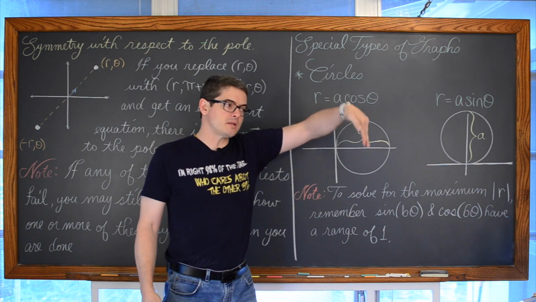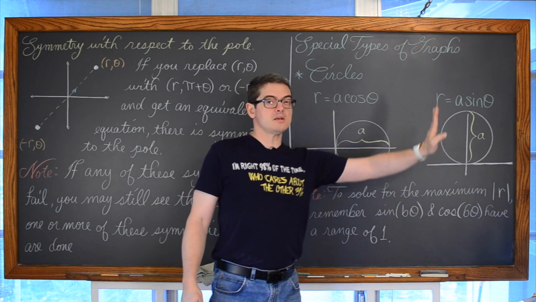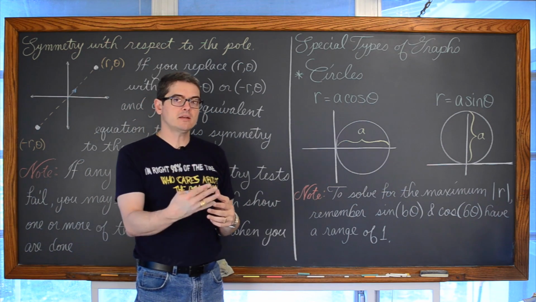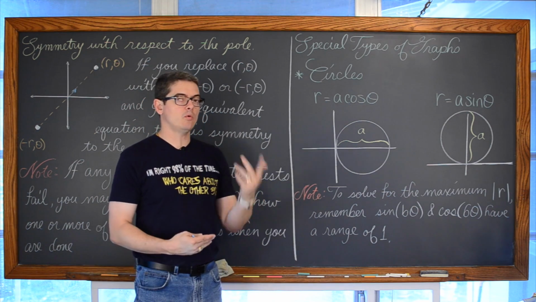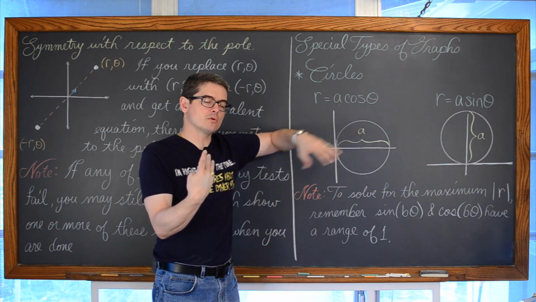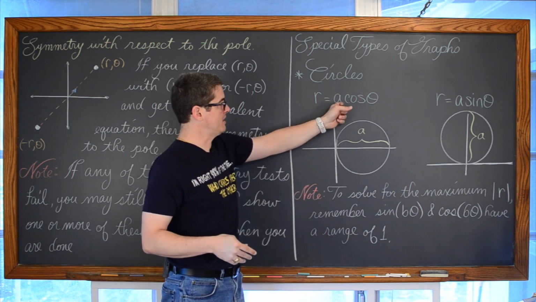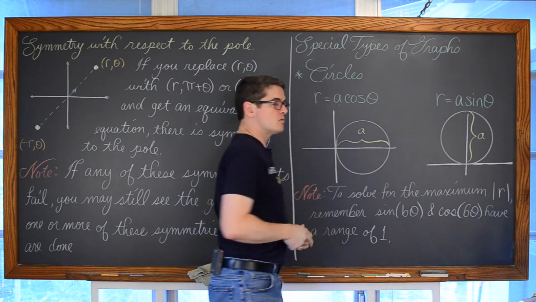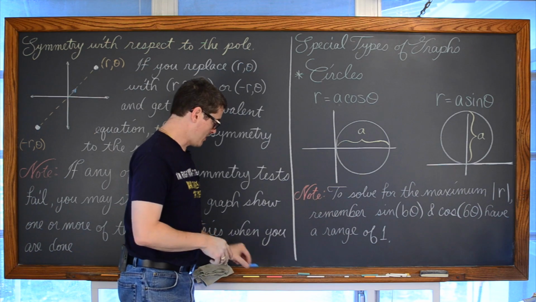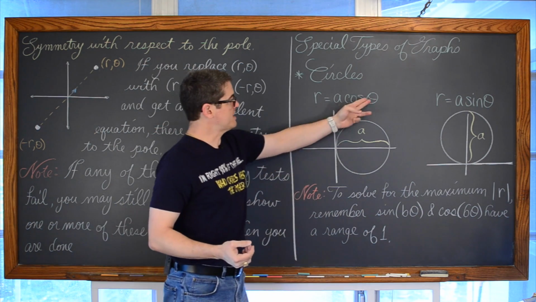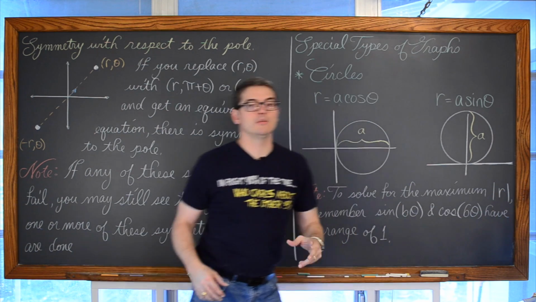It goes down to a minimum value of -1 and up to a value of +1. So the range of sine and cosine is only between -1 and 1. And then if there's some coefficient out front, it's going to scale that value. Like if this was 3 cosine of theta, then the farthest distance away from the pole is going to be 3 units away, because 1 times 3 is equal to 3. And if it was -1, we have the absolute value wrapped around the r.